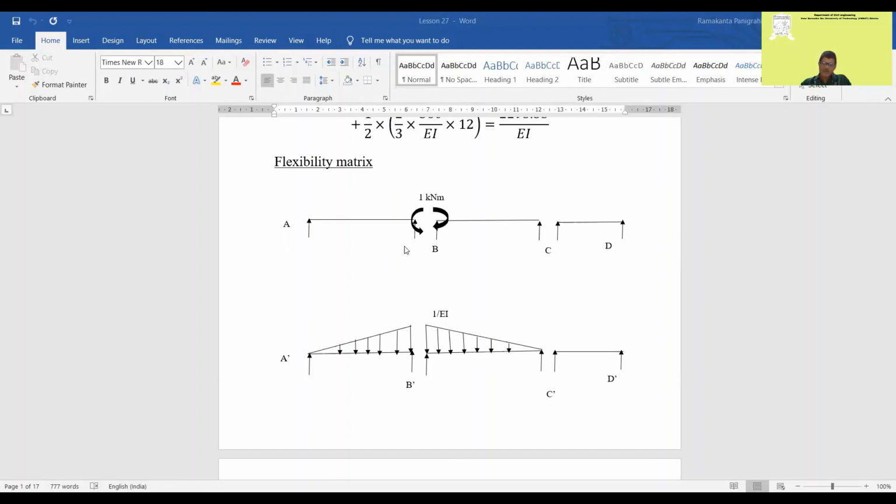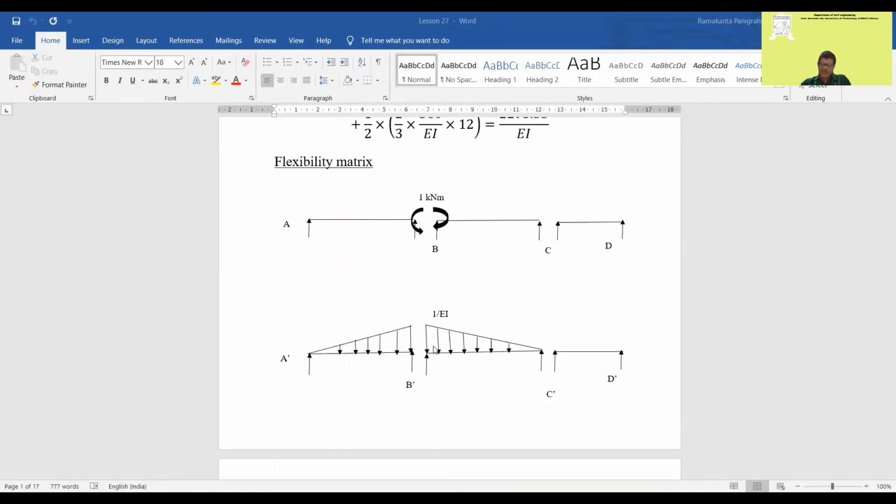So if I am applying 1 kilonewton meter here, this is the bending moment diagram of the simply supported beam, divided by EI, and now these are the support points of the conjugate beam. Now in the conjugate beam, you have to find the rotation at B dash and rotation at C dash.